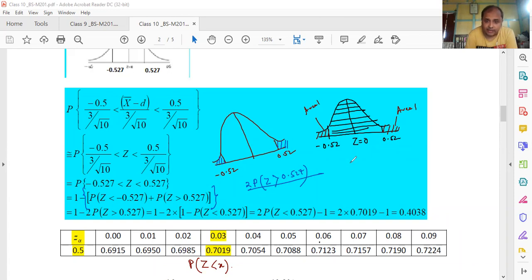And by the complementary probability, that is probability of A bar equal to 1 minus P of A, we can write it as 1 minus twice into 1 minus the probability of z less than 0.527. This probability can be found from either this or that. So this calculation has been done. Just give a little thought, you'll understand what has been done to calculate the probability.